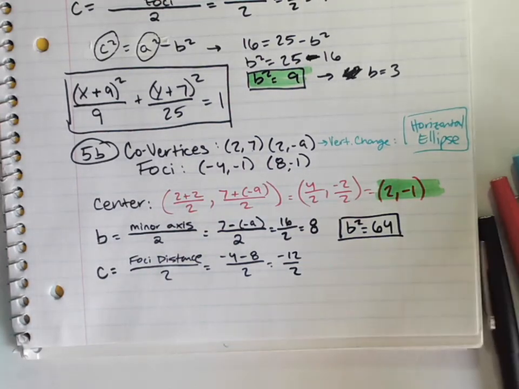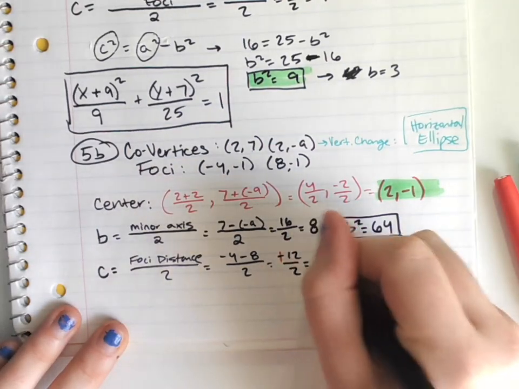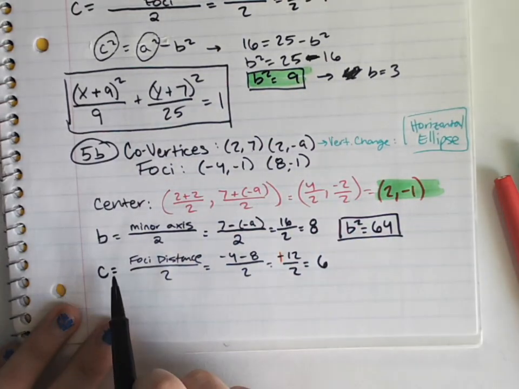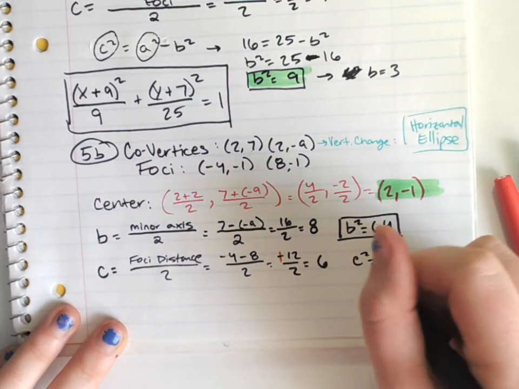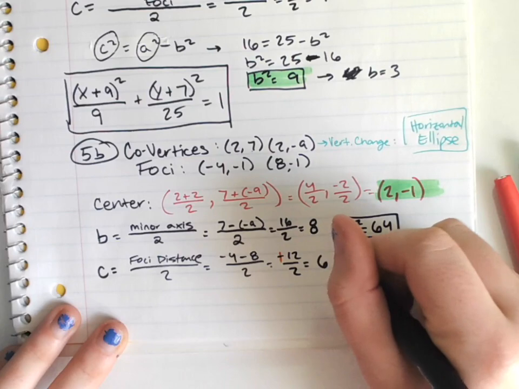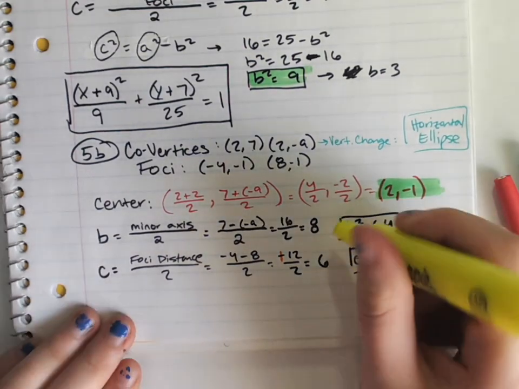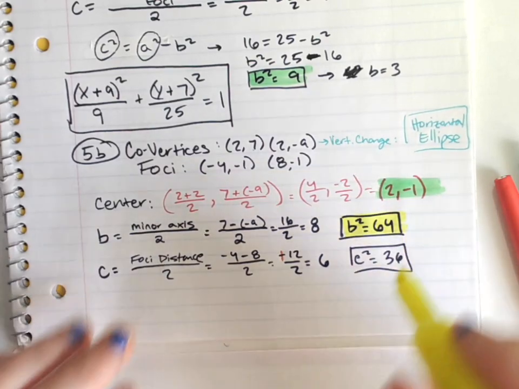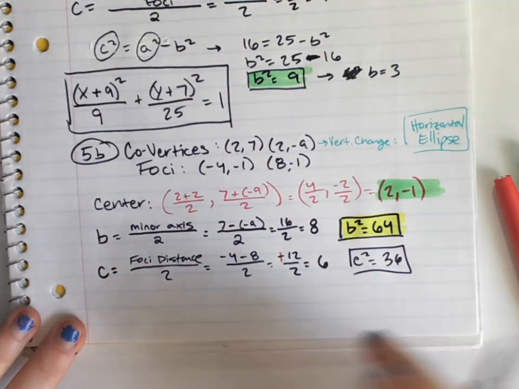But remember, since it's a distance, we don't really need that negative. So this is just 6. C is equal to 6, so C squared equals 36. Out of these two pieces of information, we only really need this one, but we're going to use the C squared to find the other piece, the A squared.